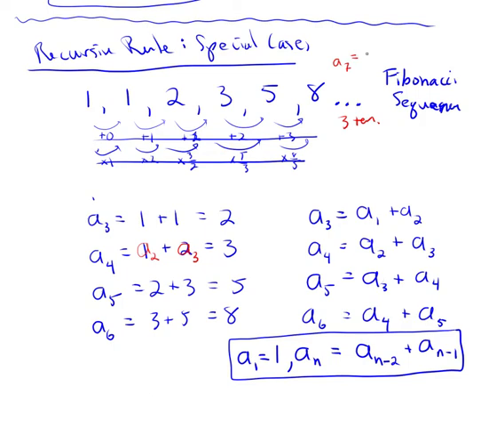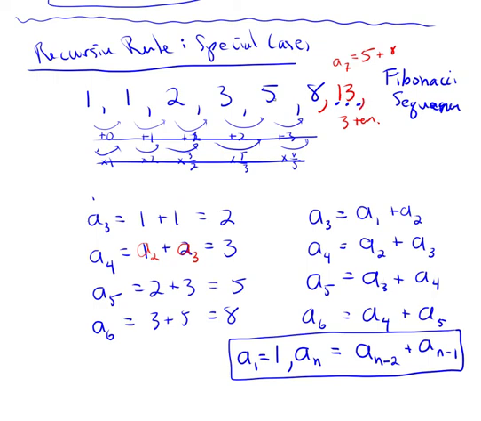We'll take the second previous one, the minus 2. So 7 minus 2 is 5, the fifth one, which is 5. Then we'll add it to the one previous, the sixth term of 8, and that will give us 13. So a sub 7 is 13.